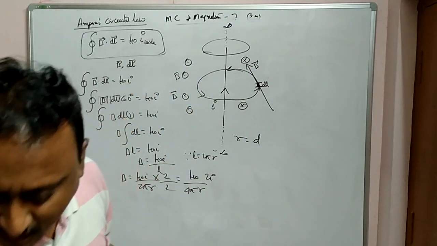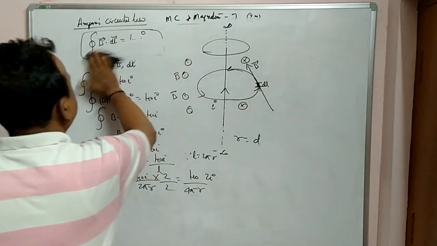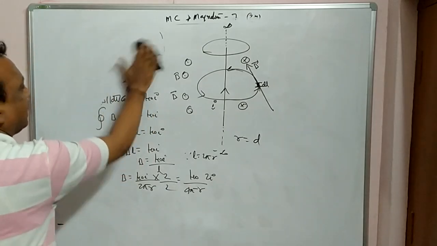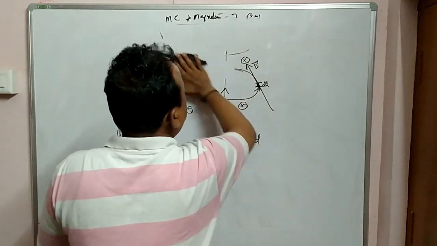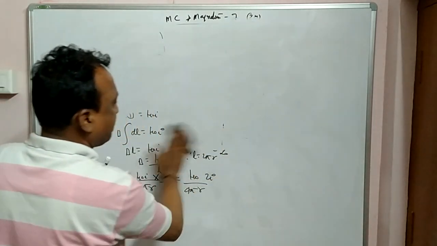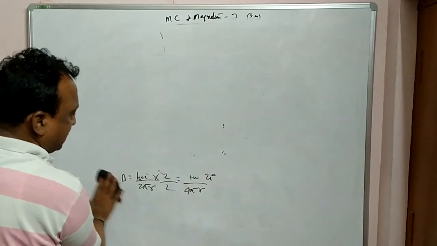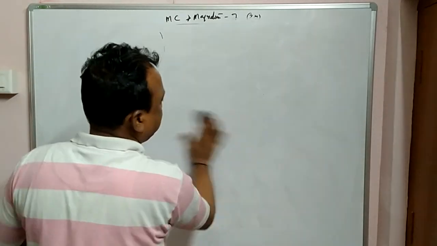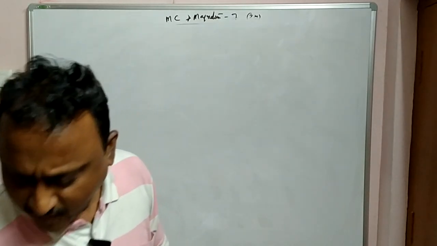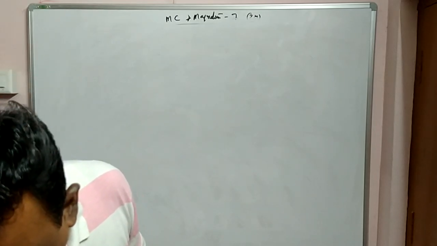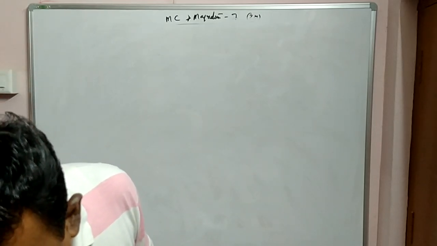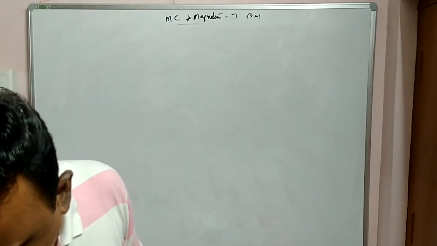So like that you can solve the problems by using this Ampere's circuit law. Okay, clear? So this is a very important law. In moving charges and magnetism, these are very important topics, and you must learn them thoroughly to get them into standard form. Okay? Now let us go for the next one.